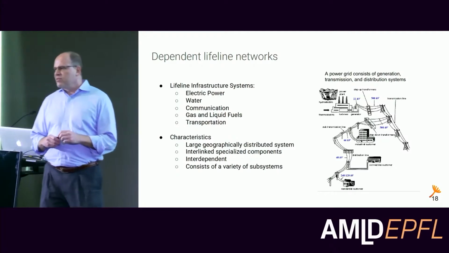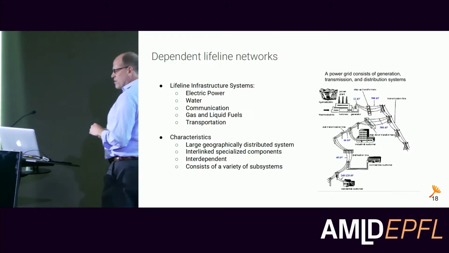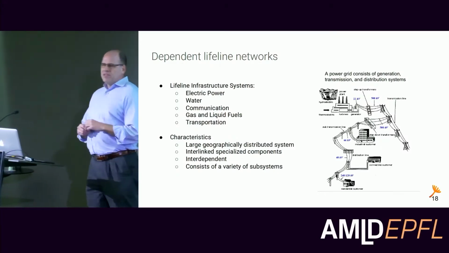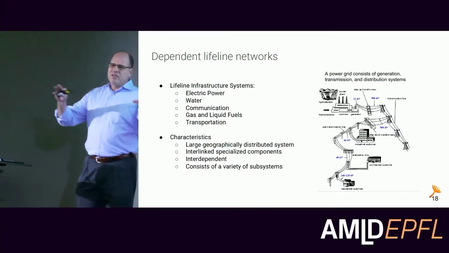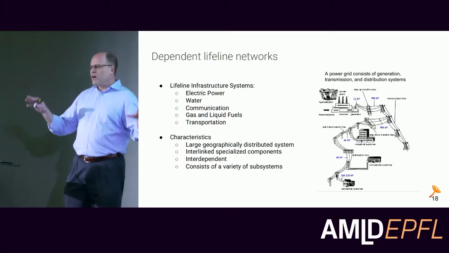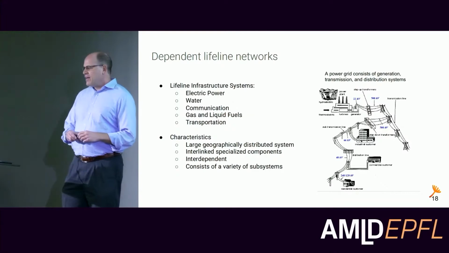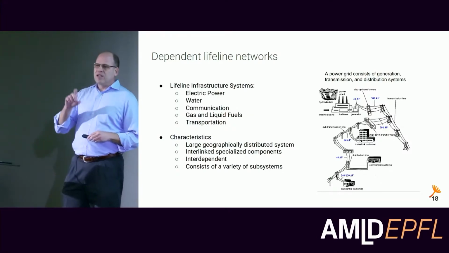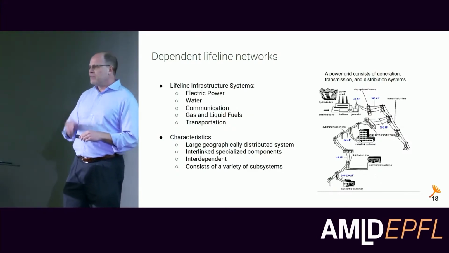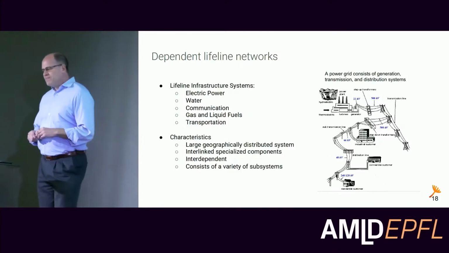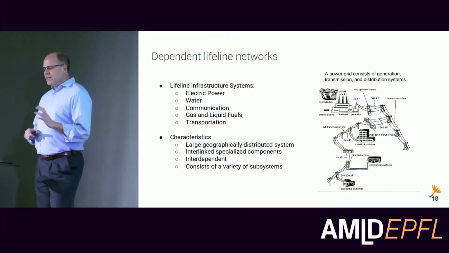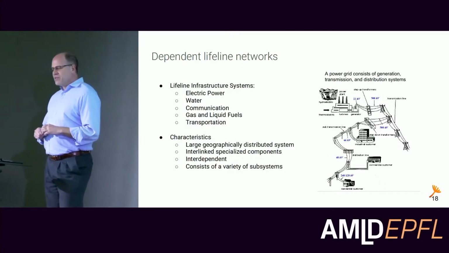The characteristics of these components are that they're often geographically distributed in a wide area. They are an interlinkage of lots of different specialized components, and that'll become very relevant for power. And they're interdependent, and there's a variety of subsystems.